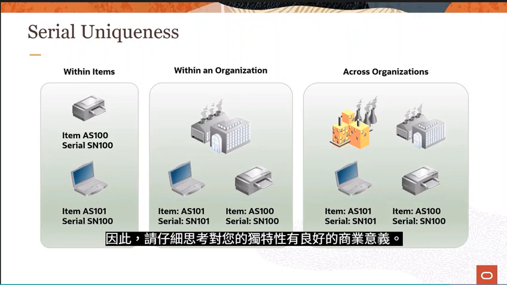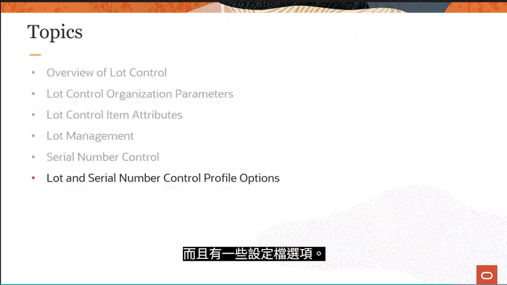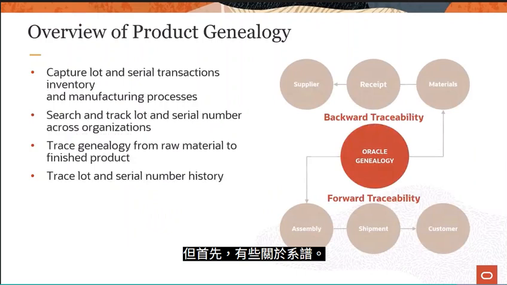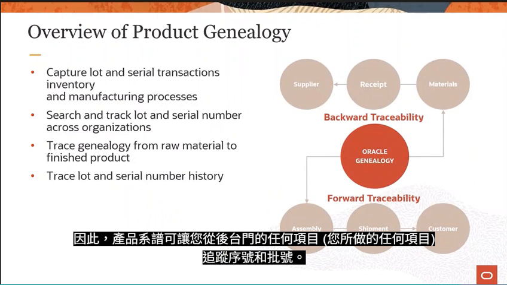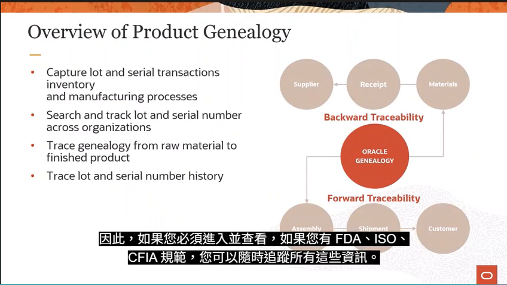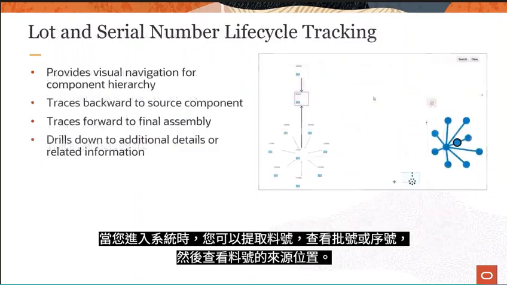And there's some profile options. But first, a little bit about genealogy. So product genealogy lets you trace the serial number and the lot number from anything that's come in the back door, anything that you've made, anything that you've shipped out to the customer. The system always has that information. So if you have FDA, ISO, CFIA compliance, you can always track all that information.